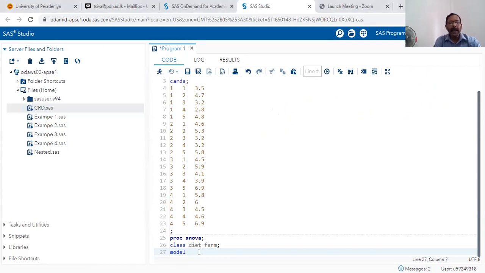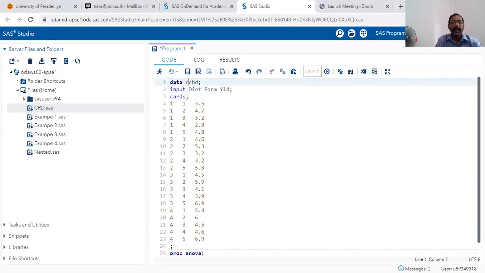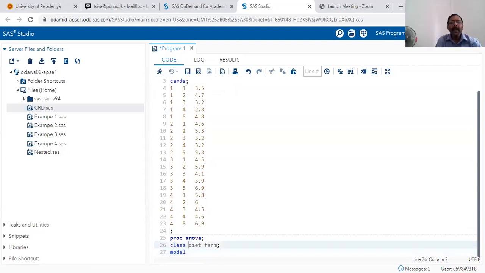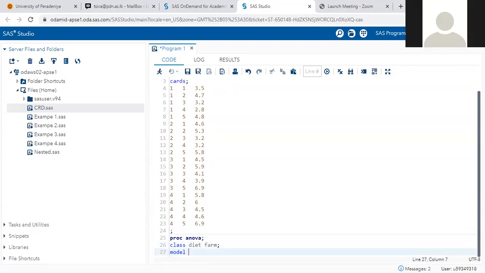So what is on the left side? Look at the names of these three variables. Which is equal to what?